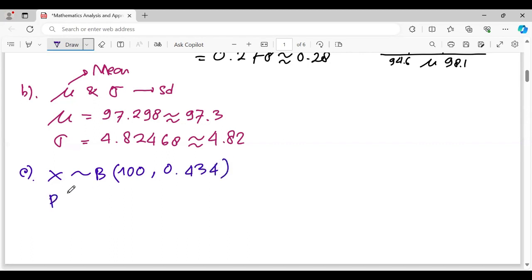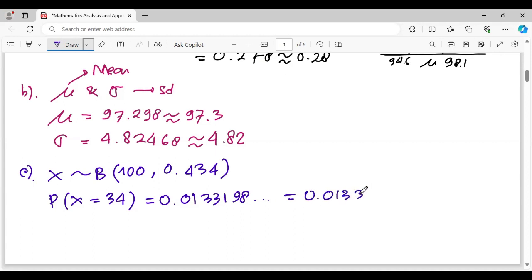So the probability X equals 34, through the calculator, is 0.0133198, and so on, or approximately 0.0133.